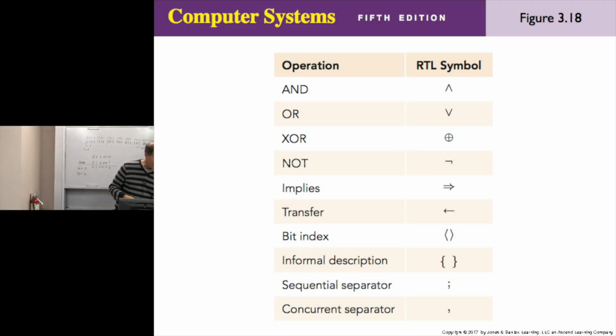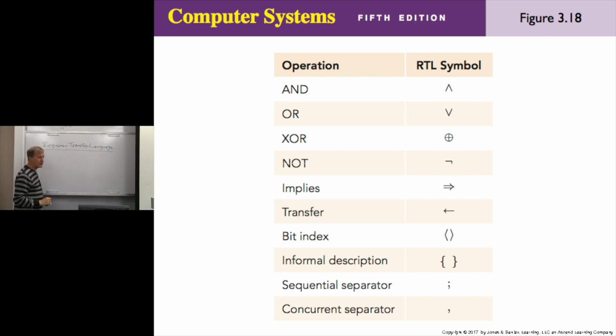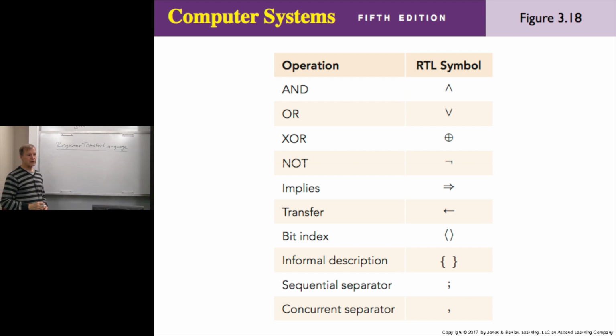All right, so now a couple more concepts. Figure 3.18 is a little table that shows the symbols used in a language called register transfer language, abbreviated RTL. This is the language that specifies hardware.